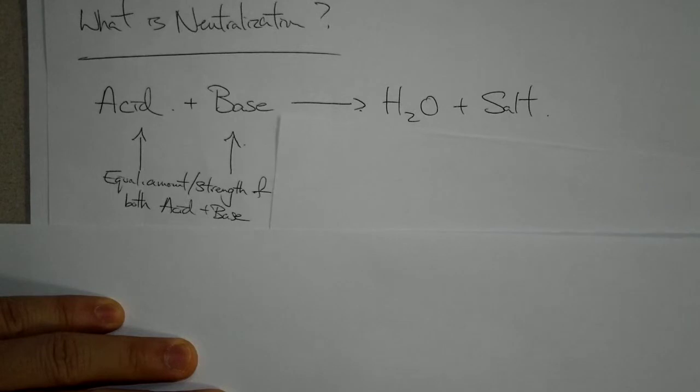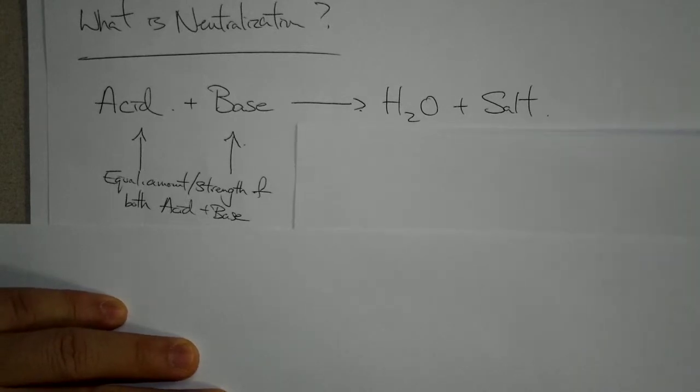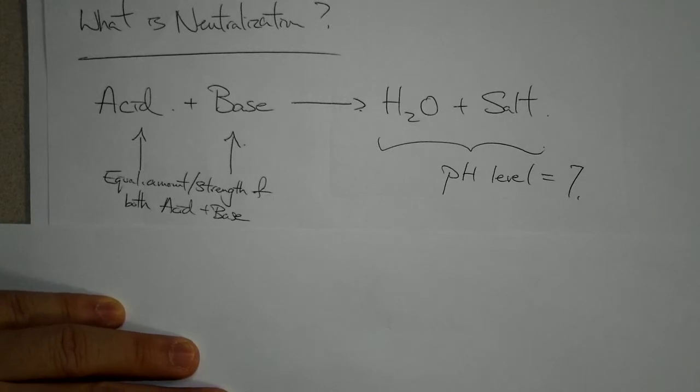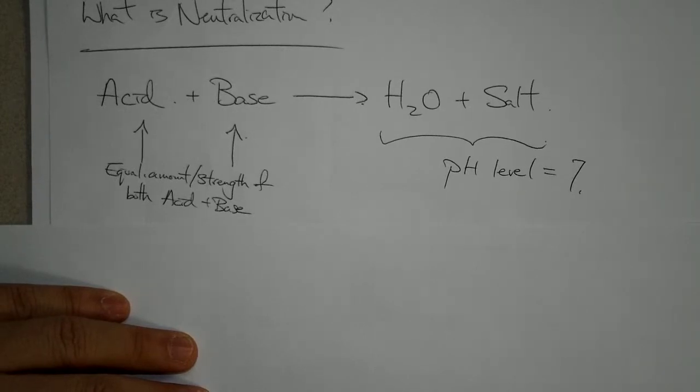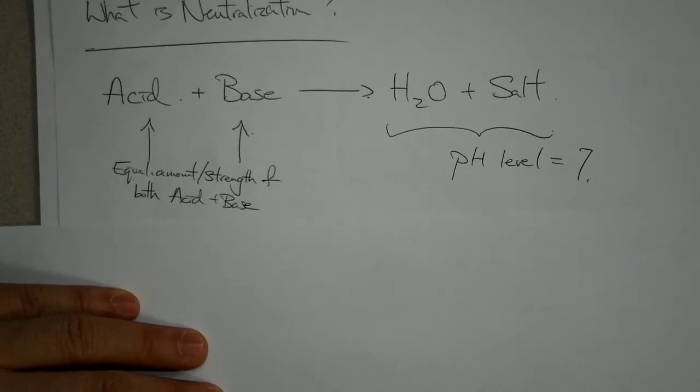Now, one thing is this. A neutral pH level is, just like what you said, a pH level of 7. Now, is an acidic pH higher than 7 or lower than 7? Lower. Lower than 7. And base will be higher than 7. So good.